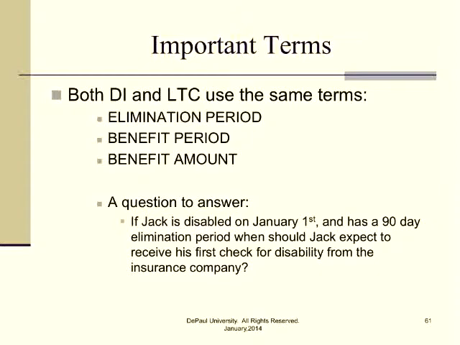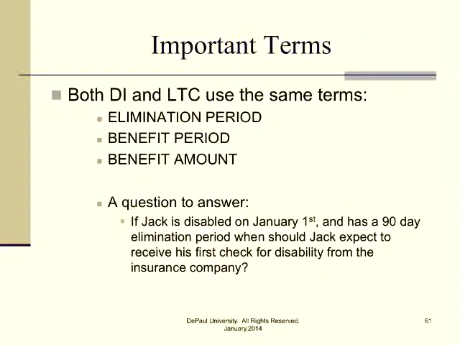Most workers today can't afford that. So you may need to think about a 60-day or even a 30-day elimination period if you can afford it, realizing it's more expensive. The next piece is what's the benefit period? The benefit period is not the length of time that the policy is in force, but the length of time that you receive the benefit.